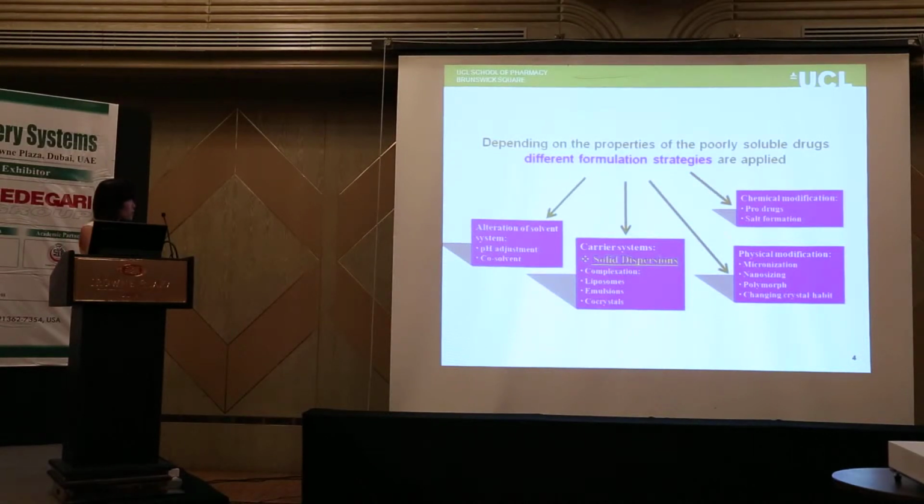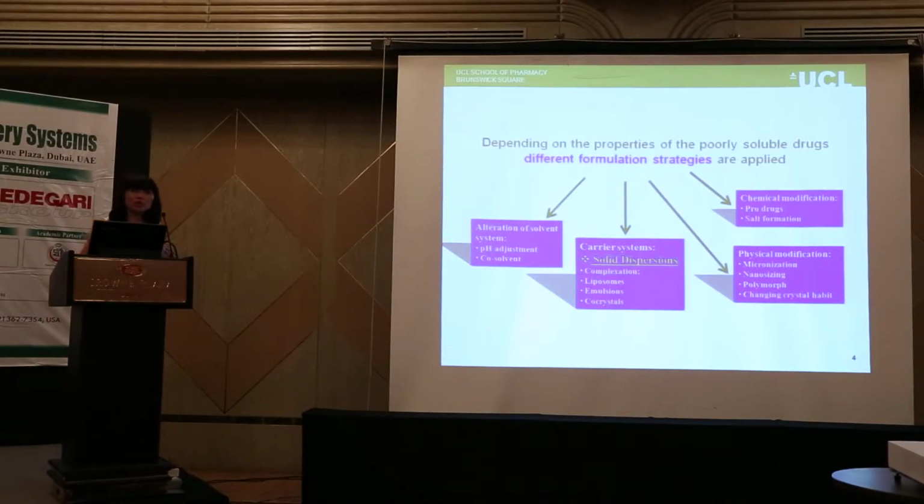So on this slide I summarize the different strategies you can use to overcome drug solubility issues. For example, you can alter the solvent system by changing the pH, or use a co-solvent system. You can also change the chemical structure of the drug, use a prodrug system or salt formation, or use nanosizing to reduce the particle size. There are loads of strategies you can use.